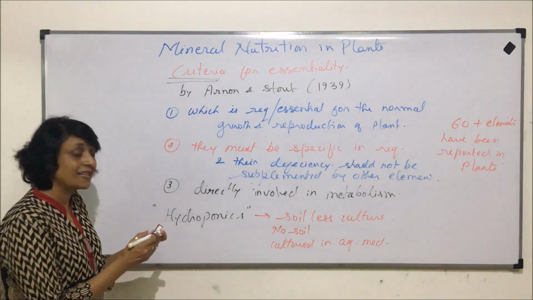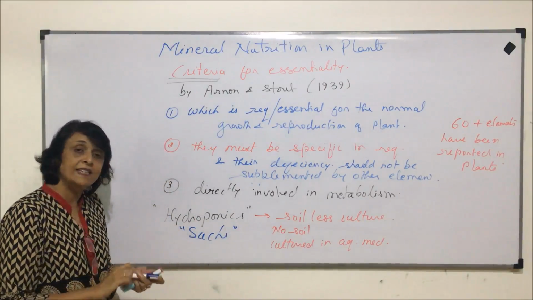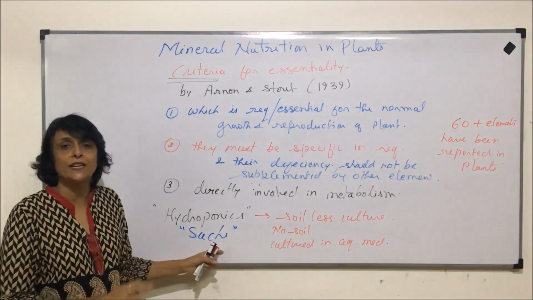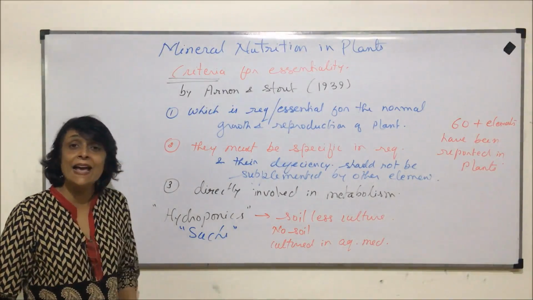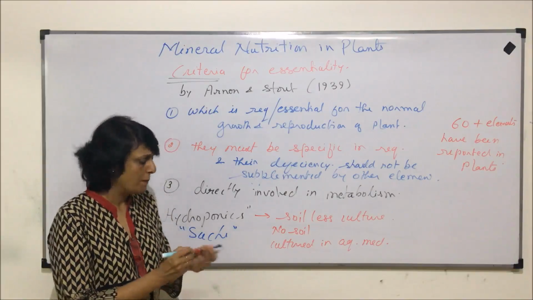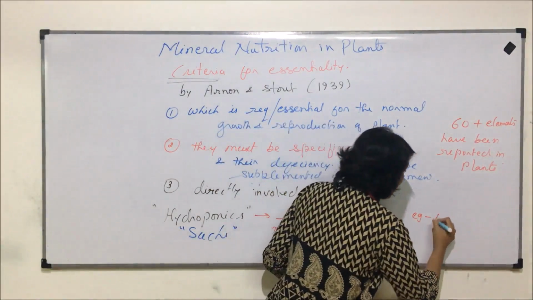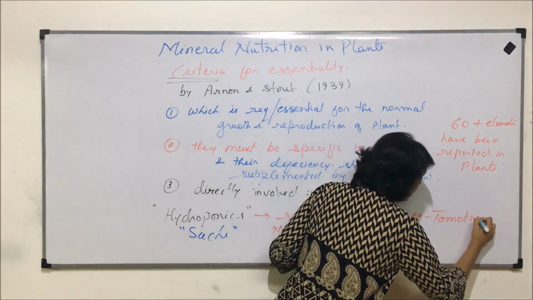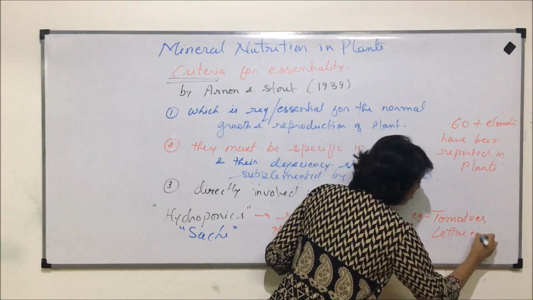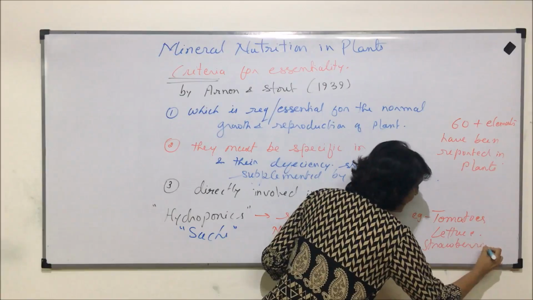This hydroponics technique was proposed by Sachs. There were many scientists who tried this technique, but the final foolproof technique was given by Sachs, and it has been used successfully for developing many types of plants. So there are many plants which have been developed using hydroponics, and these are tomatoes, lettuce, strawberries, and there are many.